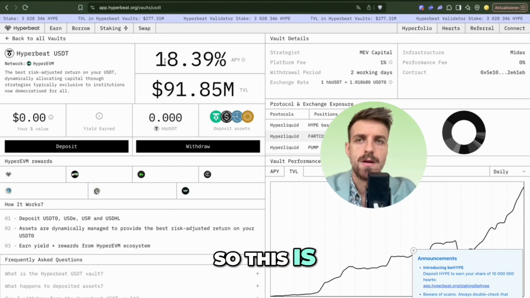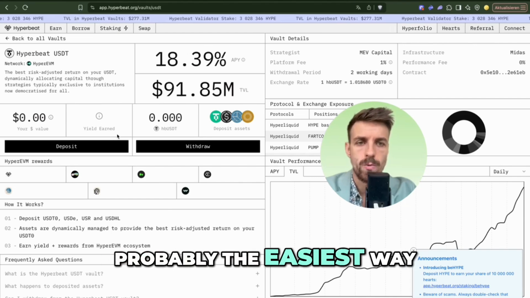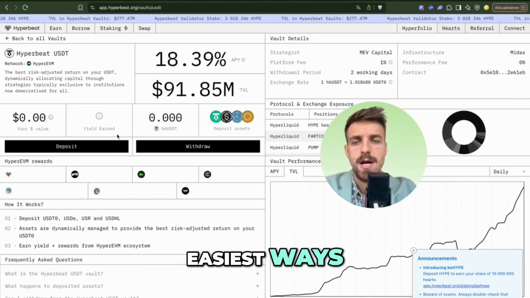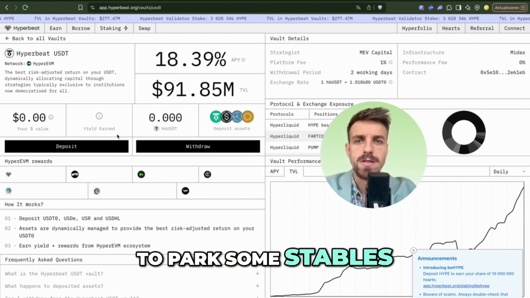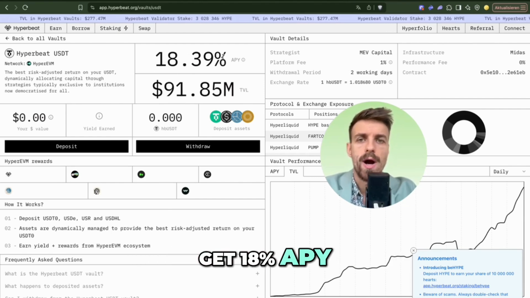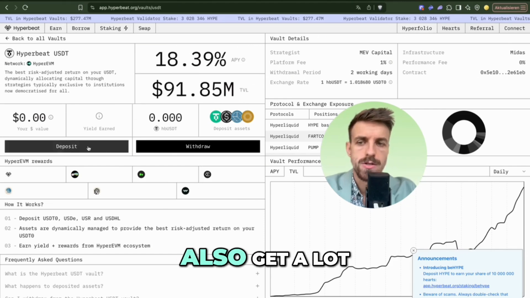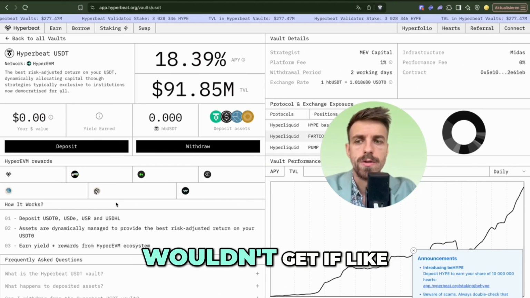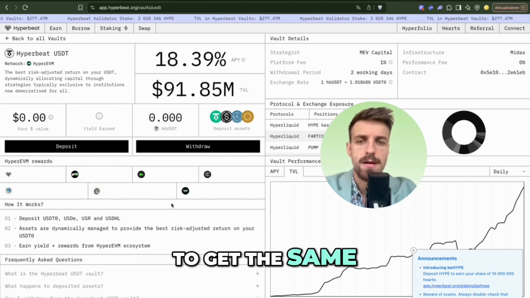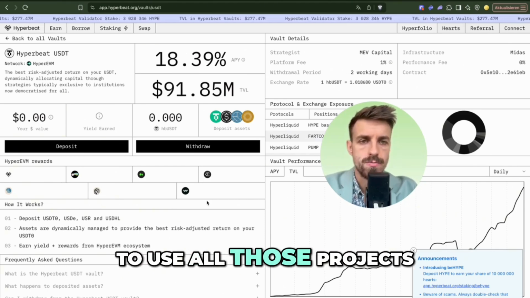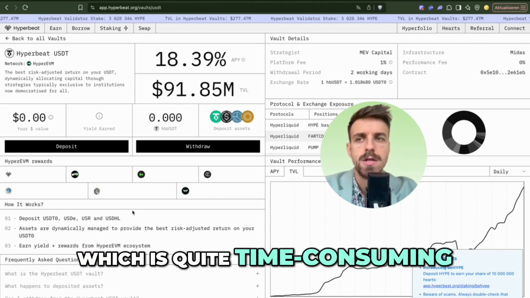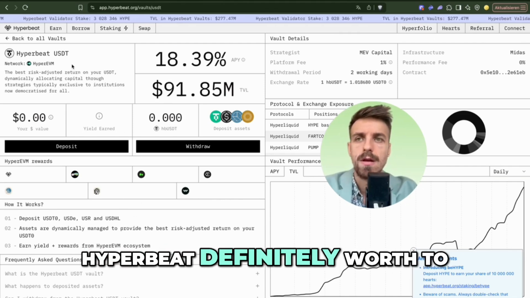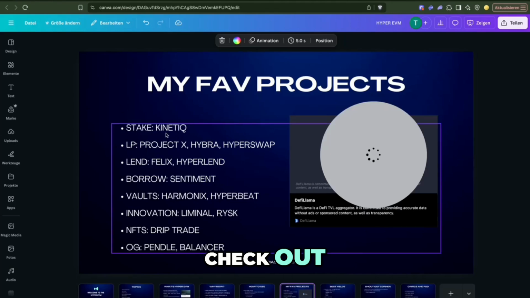So this is probably the easiest way, or one of the easiest ways, to park some stables, get 18% APY, plus also get a lot of different points which you wouldn't get otherwise. To get the same points I would need to use all those projects, which is quite time consuming. So yeah, HyperBeat definitely worth to check out.